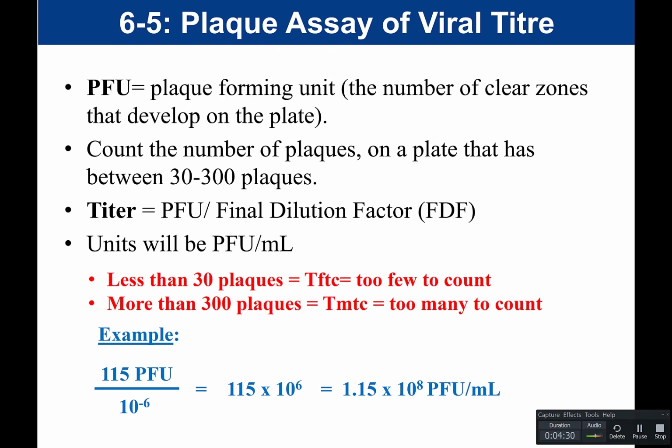You want to know how to calculate your titer. Your titer is going to be your PFU, your plaque forming units, divided by your final dilution factor. And you want to know that your units will be PFUs per milliliter. So this is just an example calculation, and if given plates, you should be able to calculate titer by using this type of calculation.